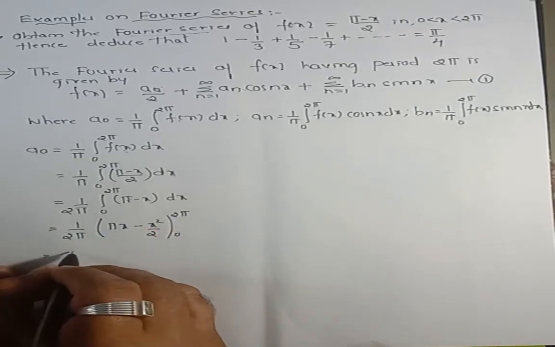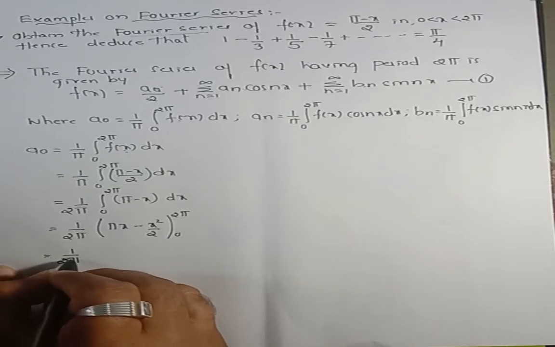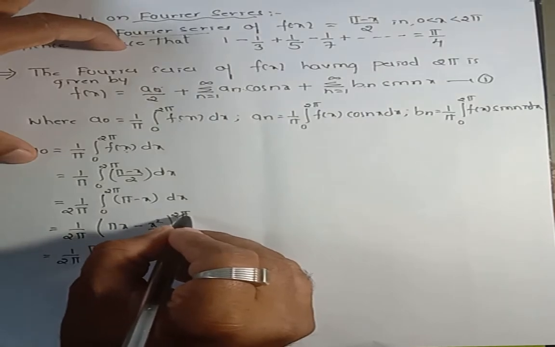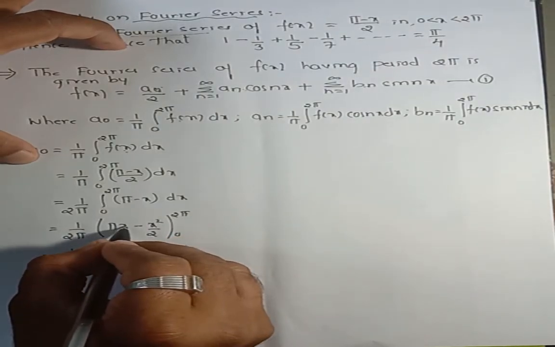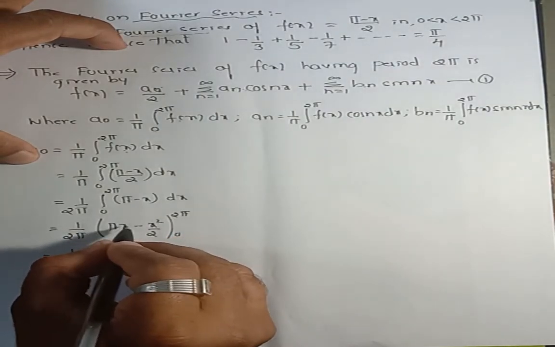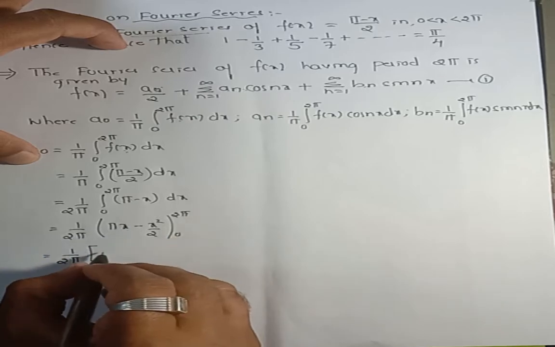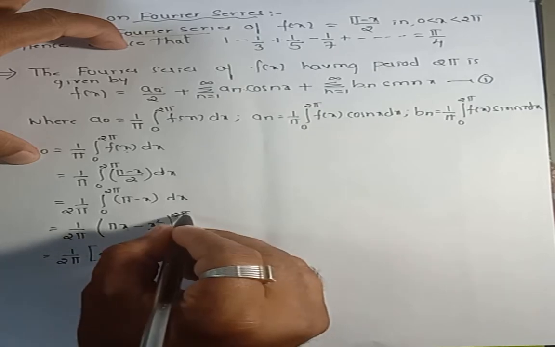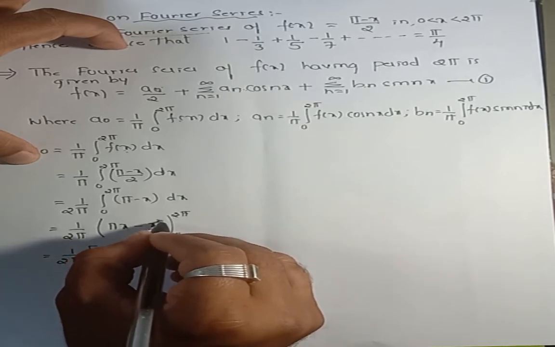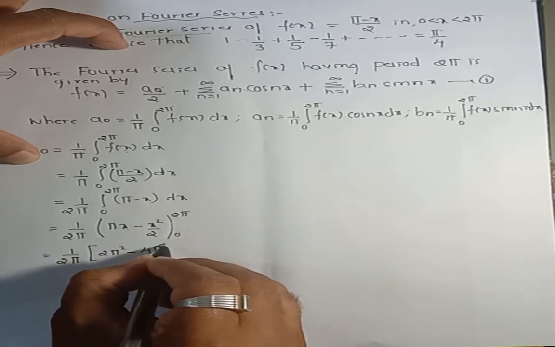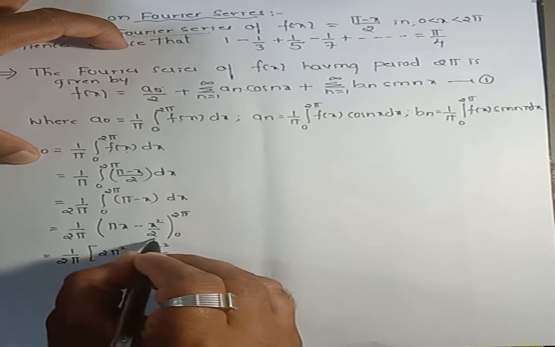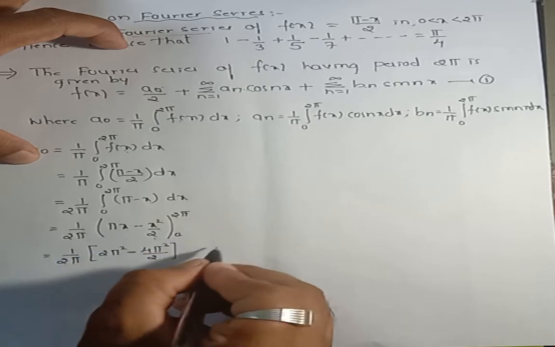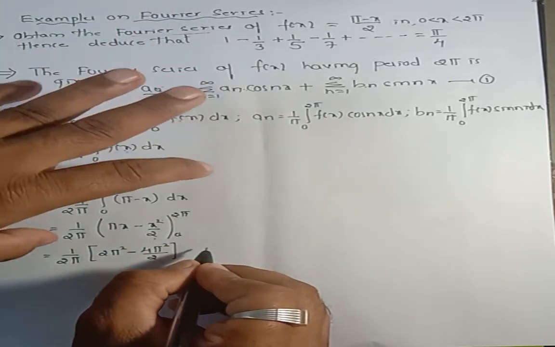Now apply the upper limit and lower limit. Constant as it is, apply the upper limit 2 pi: here x is 2 pi, pi as it is, here 2 pi becomes 2 pi square. Then minus, it becomes 4 pi square divided by 2. The lower limit is 0, so it becomes 0.